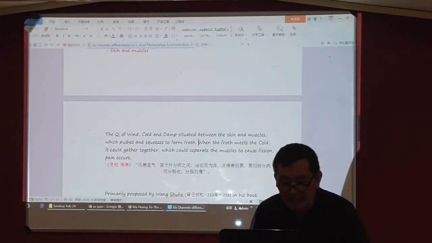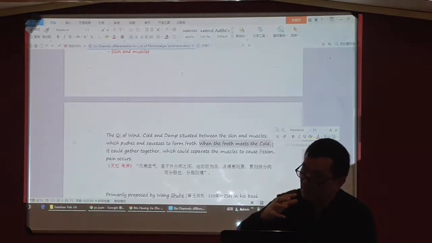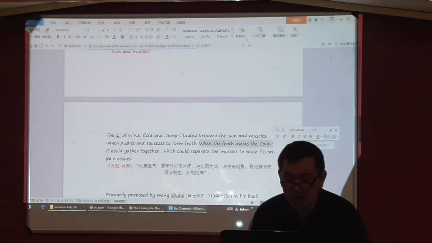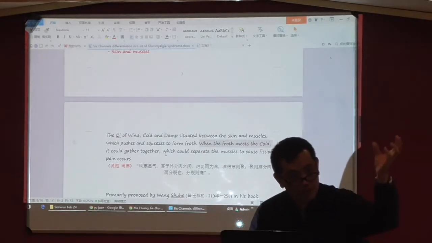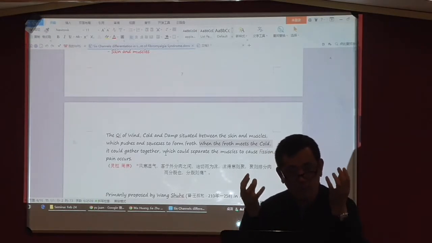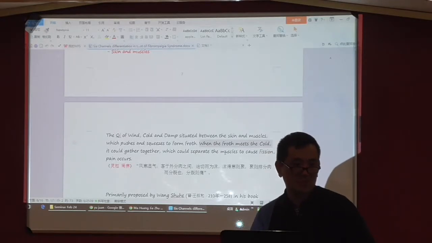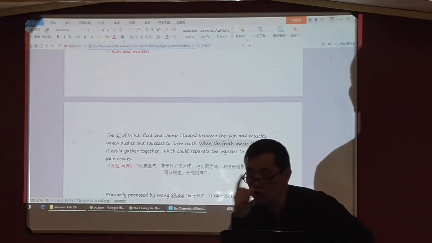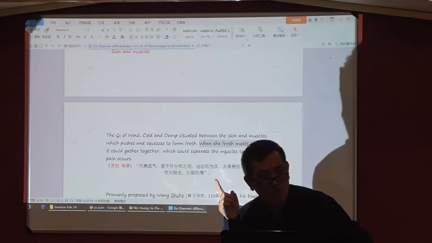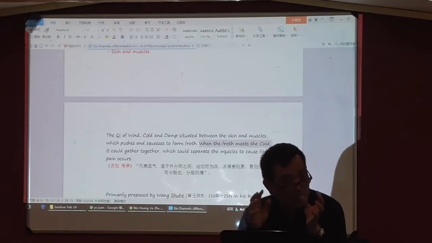Not yet finished. When they meet again with the cold, those external cold together with these bubbles come together into the muscles, and then there will be pain. So that tells you what is the cause, wind cold damp. What is the origin? They accumulate in the body, not only temporarily staying in the body.